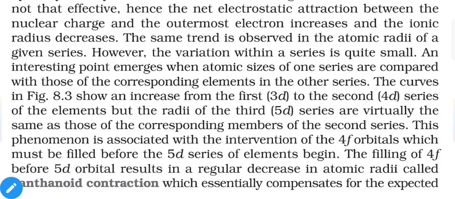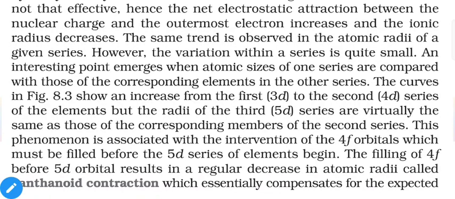That means between the fourth and fifth transition series we have f orbitals present as well. If you check the periodic table, you will notice that f series elements are present in between, and that's why they also have f orbitals in them.